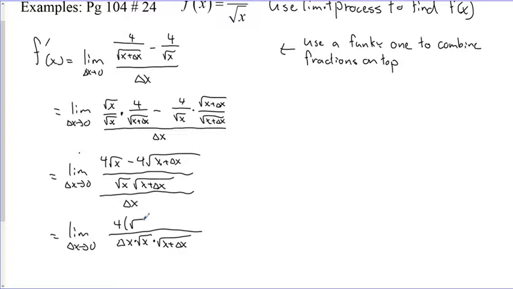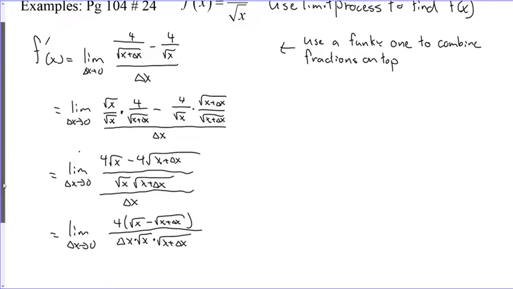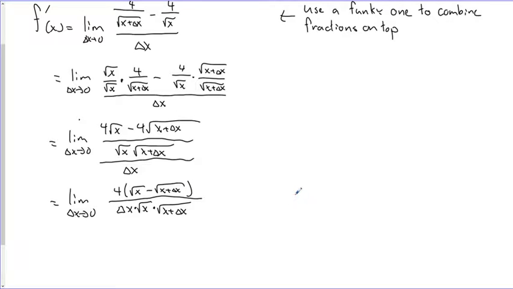So I'm going to have square root of x minus square root of x plus delta x. Now, at this point, I have it down to a single fraction, and so I need to rationalize the numerator. All right, I'm going to use a conjugate.